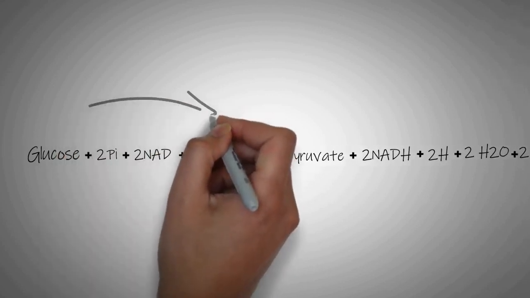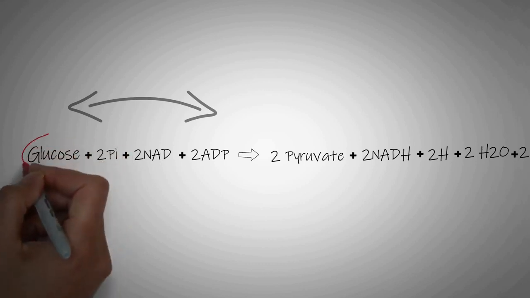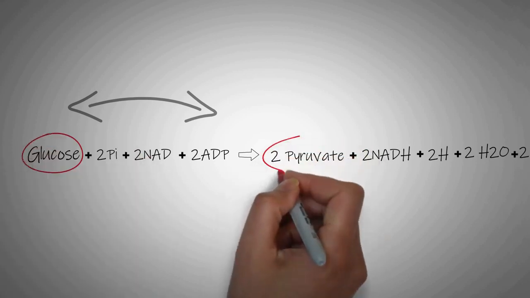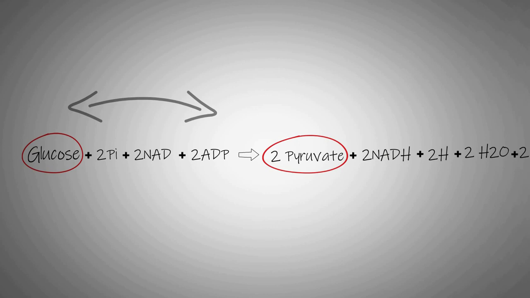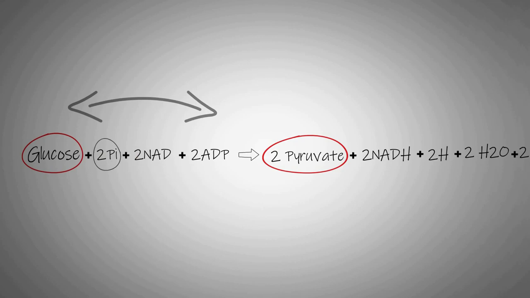On the left hand side of this reaction is the input. You can take these things like the raw materials that we are using in glycolysis. We begin with one molecule of glucose which gets split into 2 molecules of pyruvate. That is why the prefix 2 is attached to all other substrates used in this reaction. We use 2 inorganic phosphate molecules in this pathway.